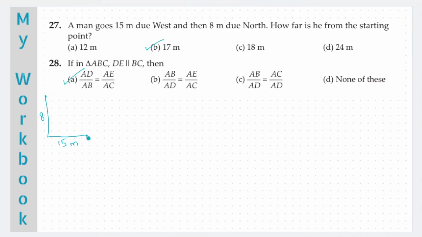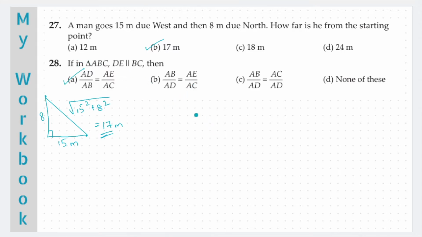So this is our starting point and this is our ending point. The distance will be the hypotenuse. Since west and north are perpendicular to each other, this will be 90 degrees. Just apply Pythagoras theorem. Hypotenuse is 15 square plus 8 square, solving which you will get 17 meters. So option B, 17 is the correct answer.